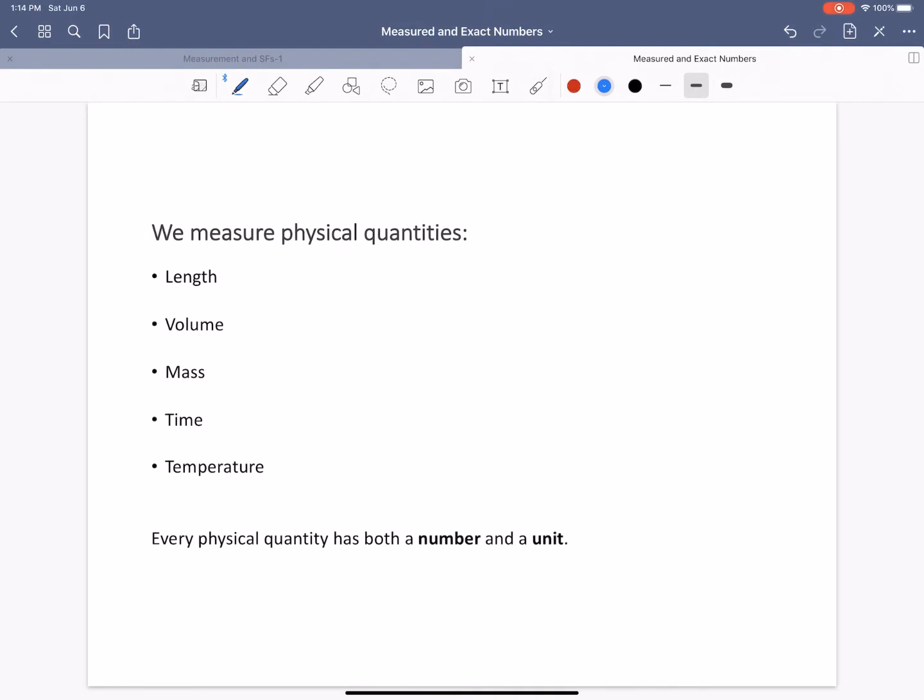What do we measure? We measure physical quantities. We measure length in units of meter, which is abbreviated with a lowercase m.